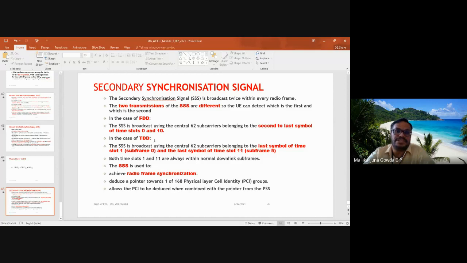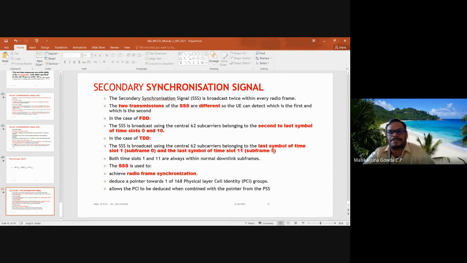In case of TDD, this secondary synchronization signal is broadcast using the central 62 subcarriers belonging to the last symbol of time slot 1, which comes under subframe 0, and the last symbol of time slot 11, which comes under subframe 5.